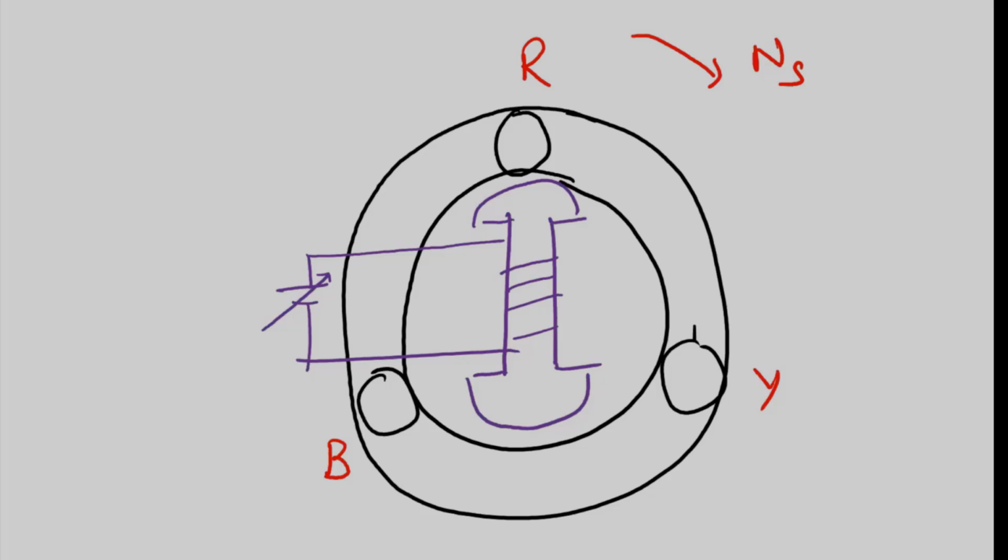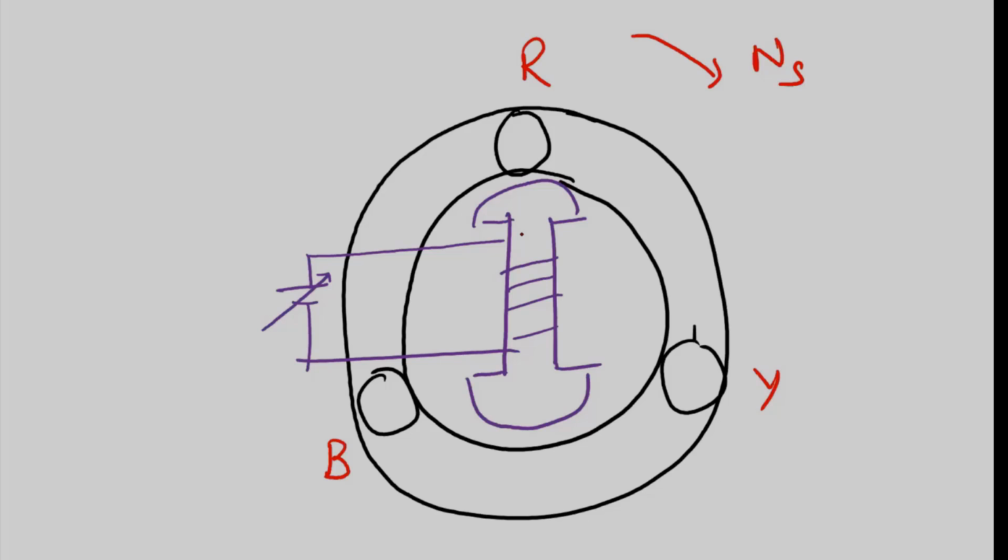Now, when you excite the rotor coils with a DC voltage, the flux inside the air gap between stator and rotor is constant, because when DC current flows through a conductor, a constant magnetic flux is produced.